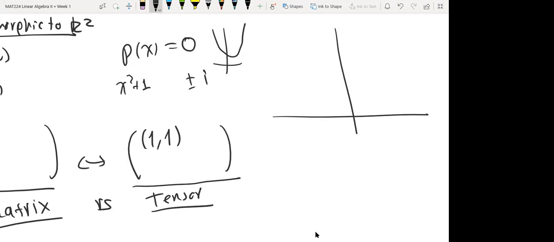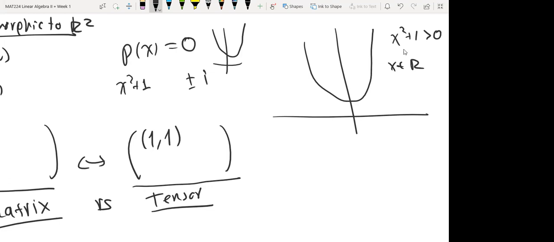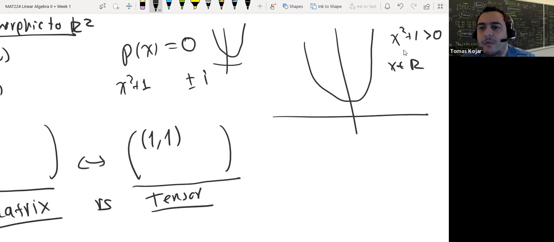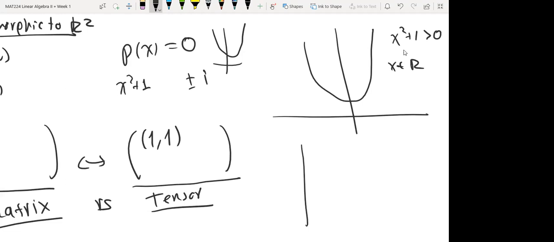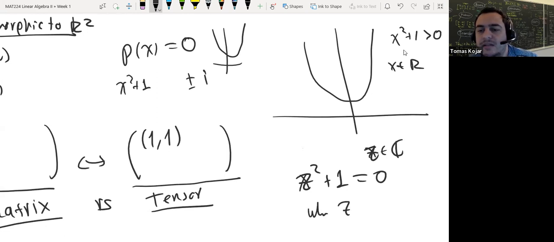All he's trying to tell you is that x squared plus one, if you allow x to be real, is never zero, right? But if you extend your number system to the complex numbers, then, let me write z since I always write z, z squared plus one can be zero when z is plus or minus i.